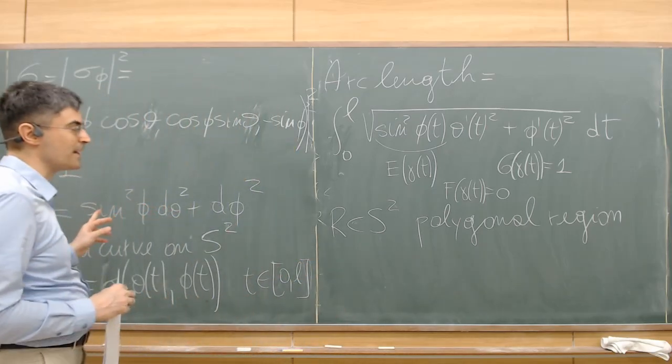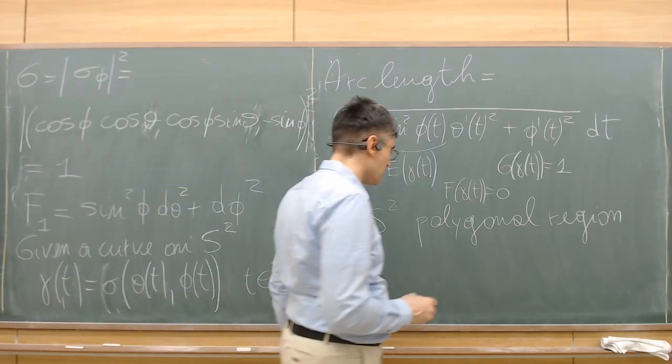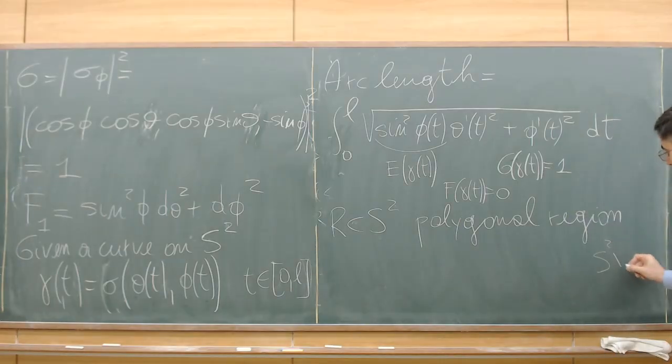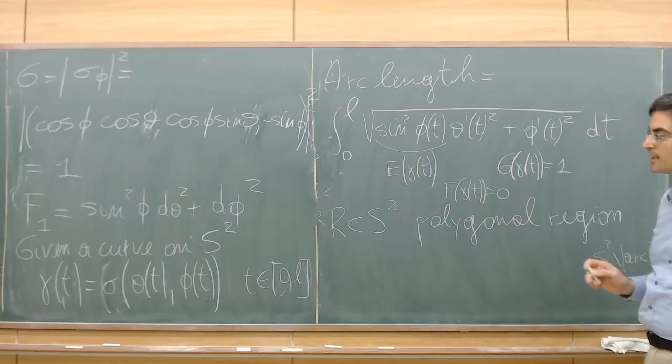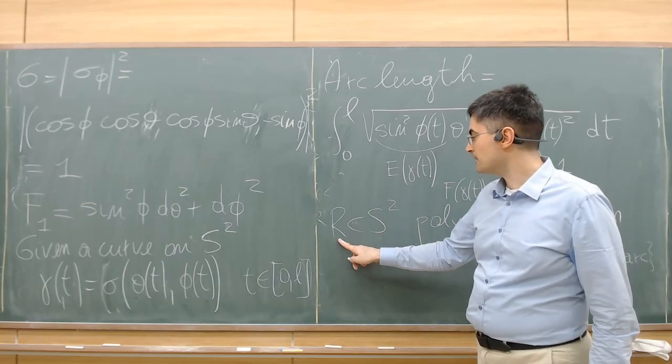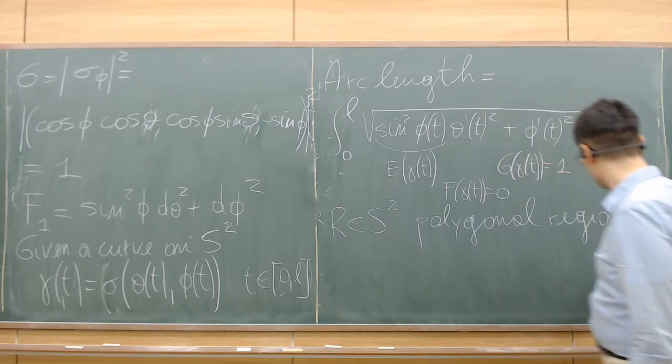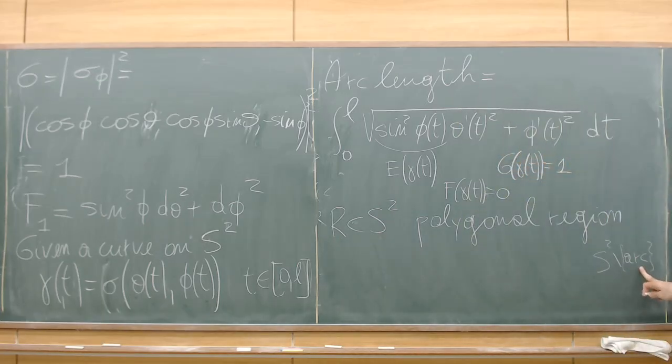The surface patch I'm using covers S2 minus an arc. So if you want to be precise, we should write R containing S2 minus that arc, which is a set of measure 0.